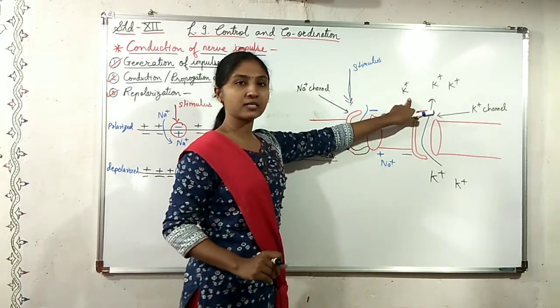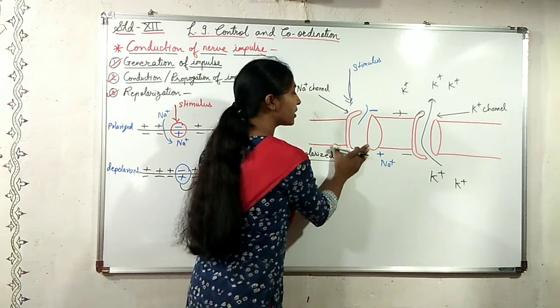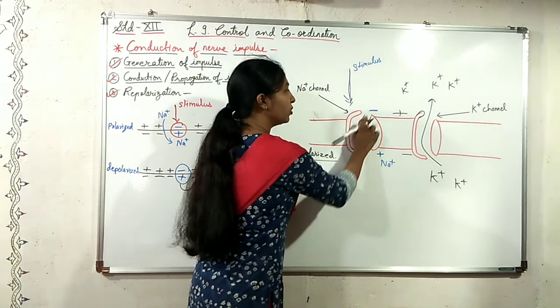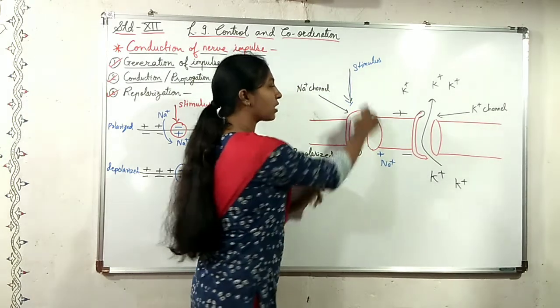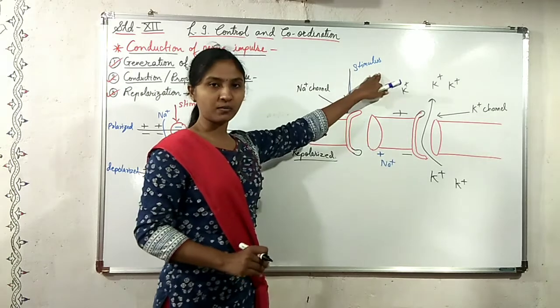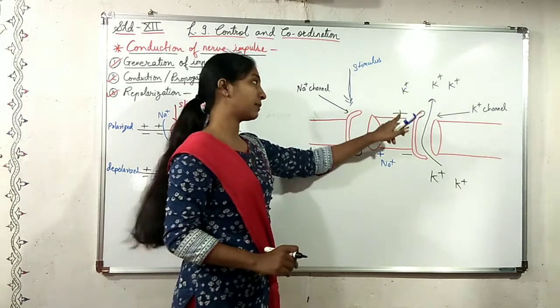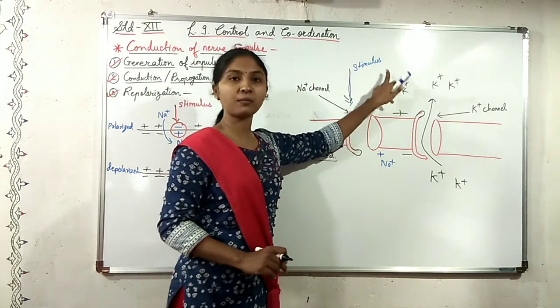Only potassium ions are there. So even if the sodium gates open, no sodium ion is going to come in, because the positive charge is because of potassium ions.